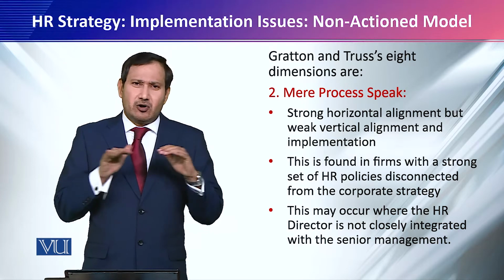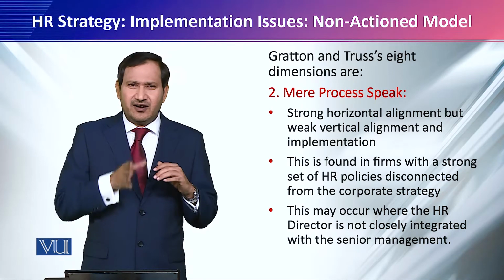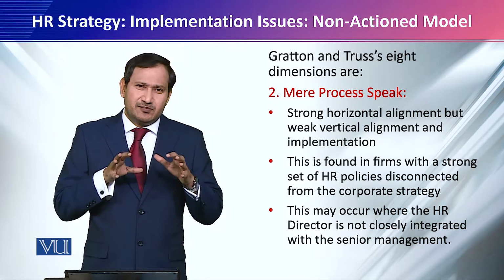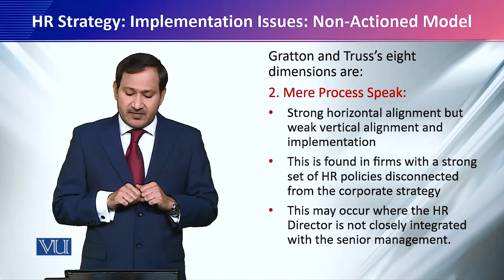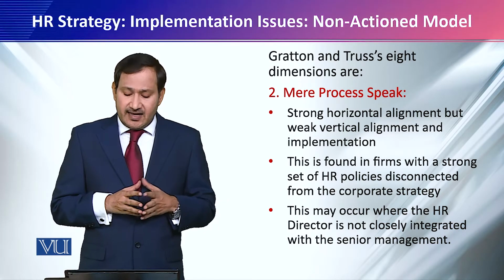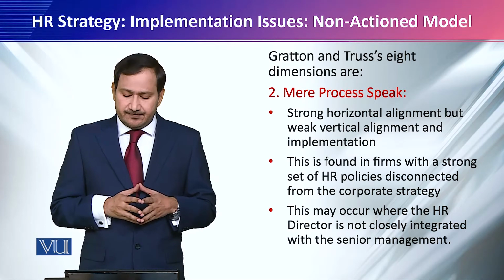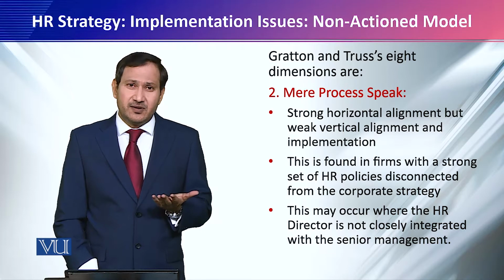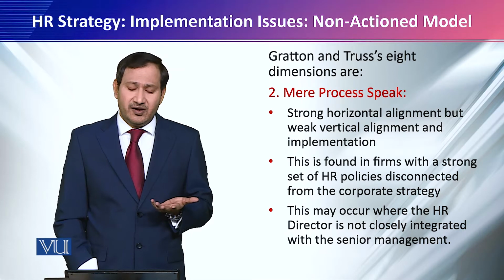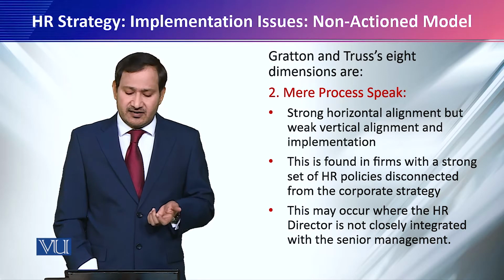As it shows, there is a strong horizontal alignment but weak vertical alignment, so there is a disconnect between your HR strategy and the corporate strategy. So this may occur where the HR director is not closely integrated with the senior management. This happens in those organizations where this type of management is in practice.